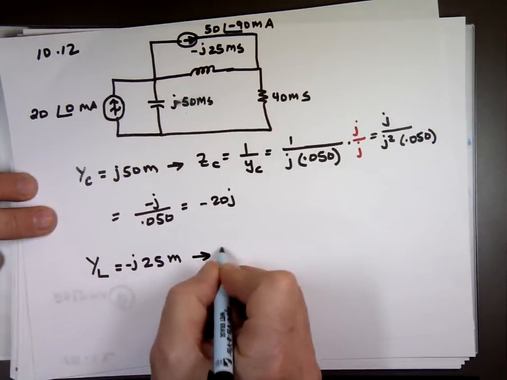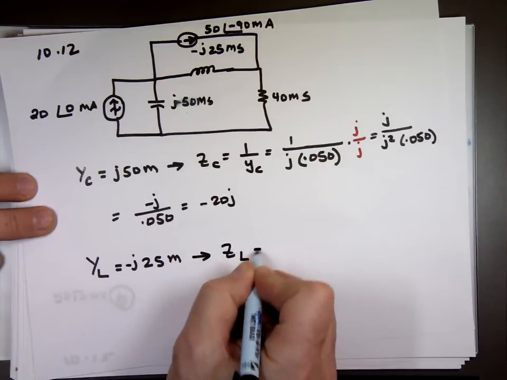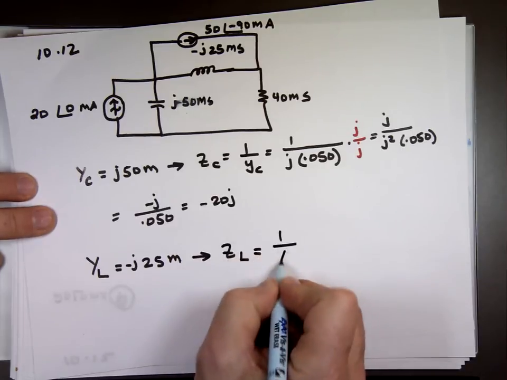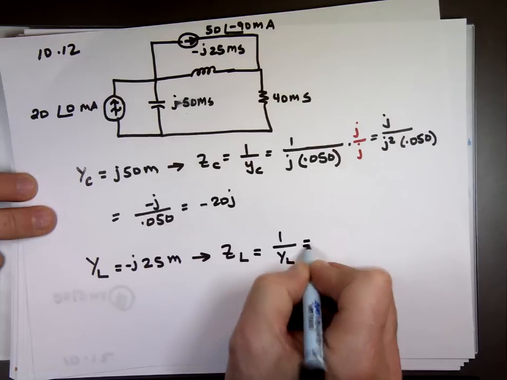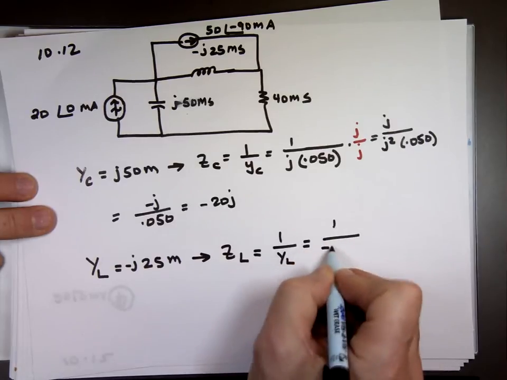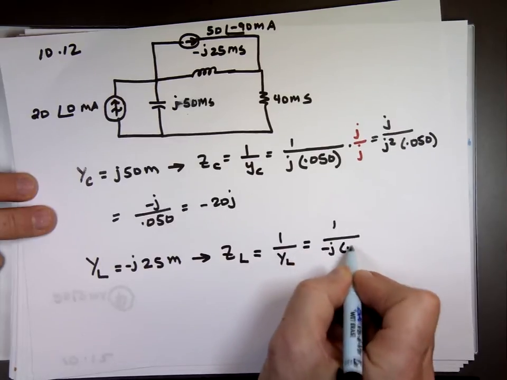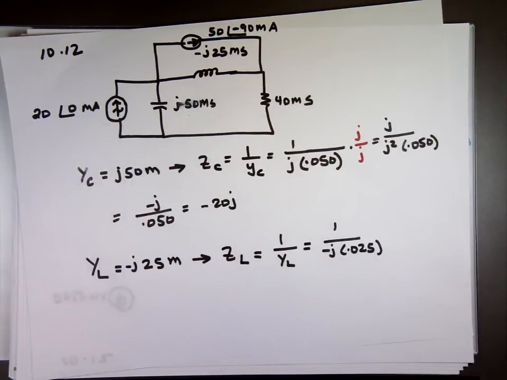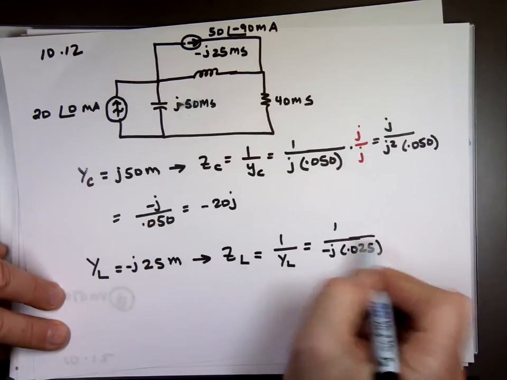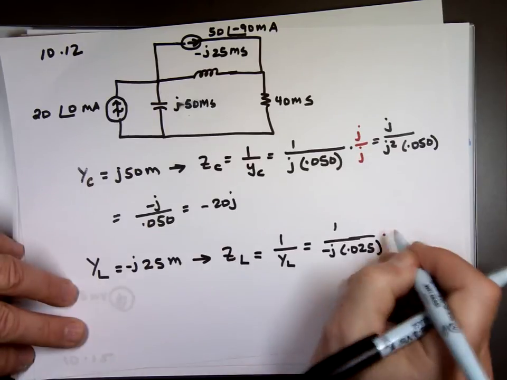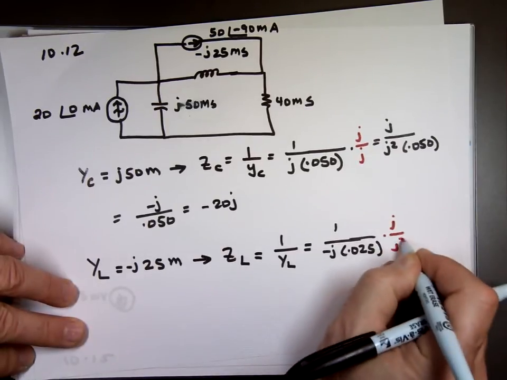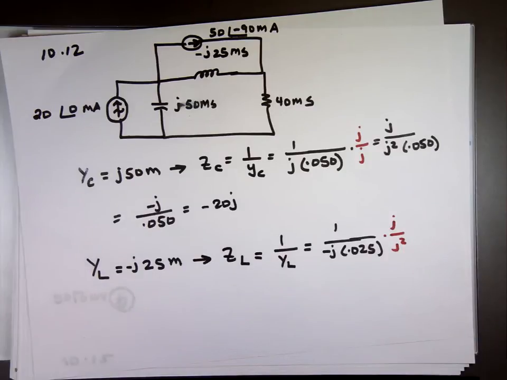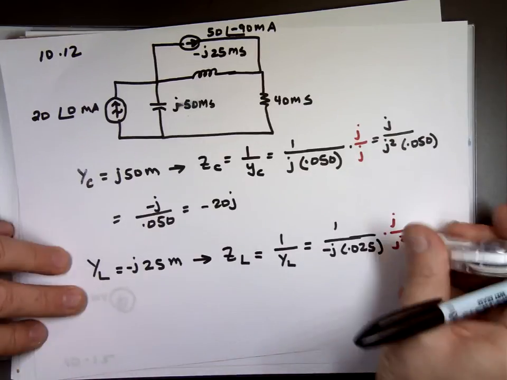So z for the inductor has to be 1 over y of the inductor, which is 1 over negative j25 milli, which is 0.025. I knew it was going to be negative because the value has to be positive at the end. So I'm going to multiply the top and the bottom by j. Oh, j, not j squared. It's going to end up being j squared.